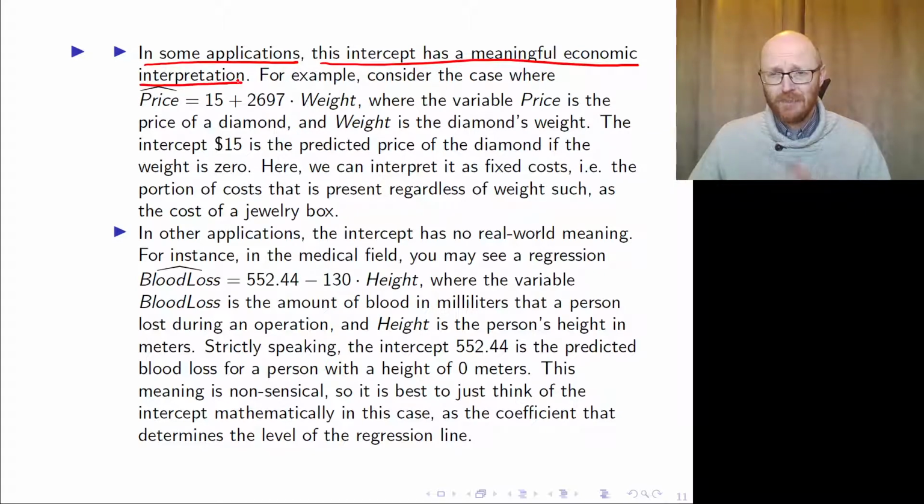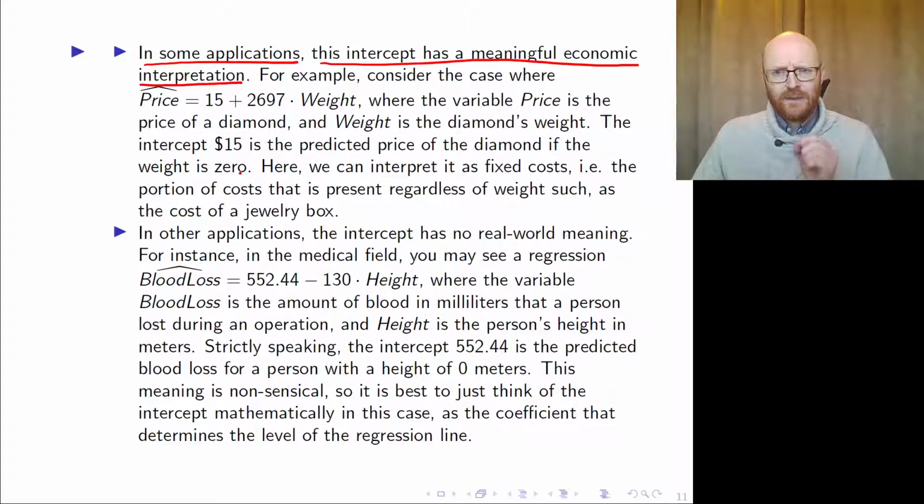For example, consider the case where the expected average price of a diamond is 15 plus 2,697 times the weight of the diamond. So the intercept, measured in dollars, is the predicted price of the diamond if the weight is 0.